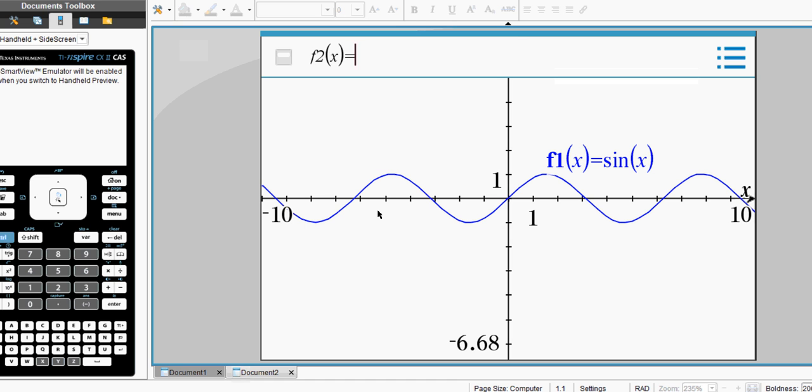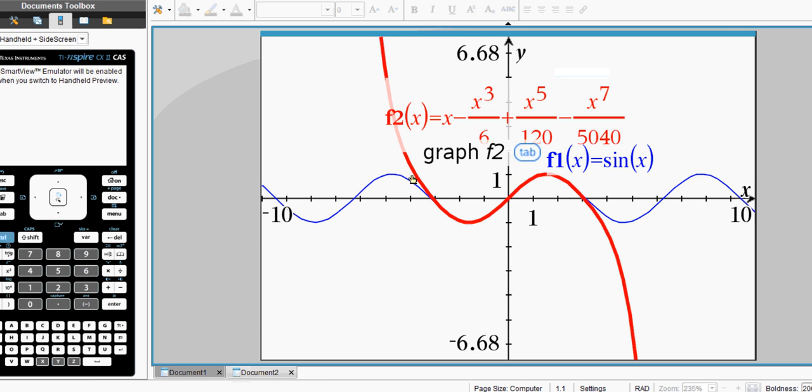So if we also graphed x minus x cubed over 3 factorial plus x to the 5th over 5 factorial minus x to the 7th over 7 factorial, we would notice that that is really close to sine x in an interval centered at 0, because a is 0, that's the center.